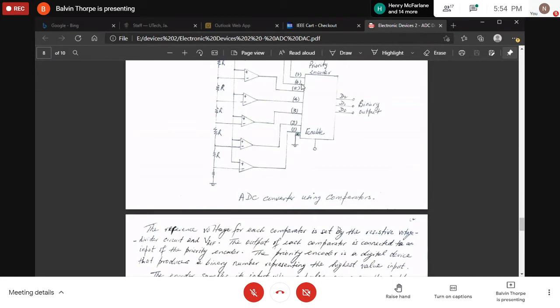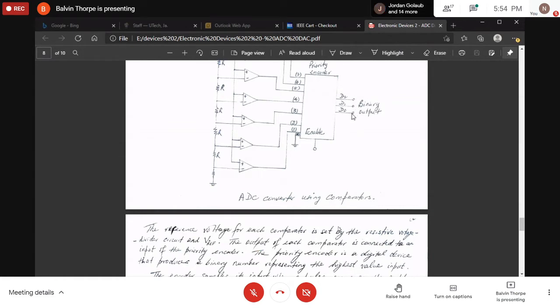So what I'm saying is that each of these really represents the equivalent voltage that is going to come into the comparator. And the comparator is going to recognize that based on the value that comes on each of these respective inputs, it is going to know what output value it is supposed to be outputting right here.